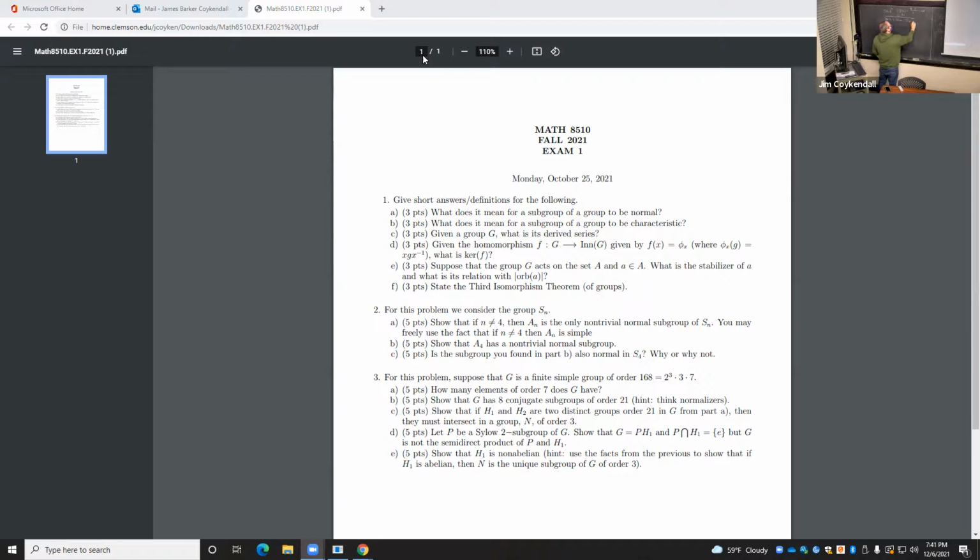Each one is abelian. So if one of these subgroups of order 21 is abelian, then they all have to be.